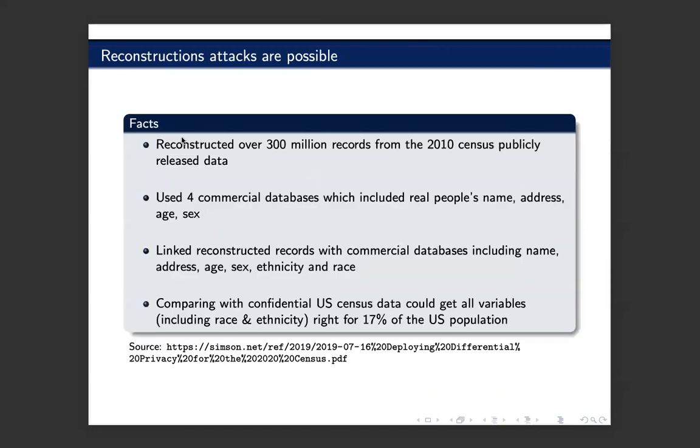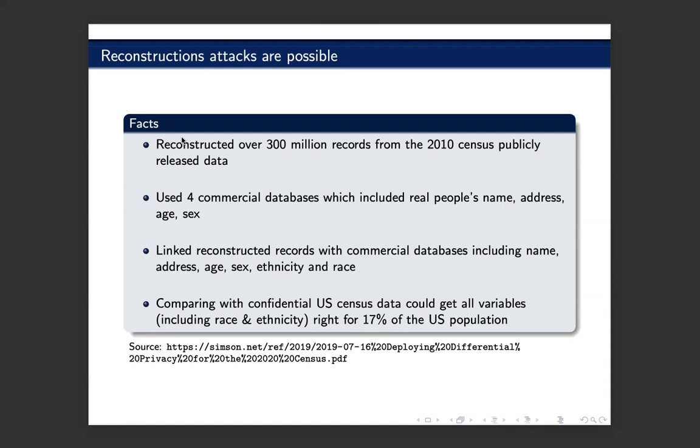They did another thing, again from the same presentation. This is the result, that they reconstructed the whole population, over 300 million records from the last census release, and then they cross-referenced it. They linked it with 4 commercial data sets, which included people's name, address, age, and sex. And their reconstructed data sets from the census included ethnicity and race, which they said, let's call this the sensitive information.